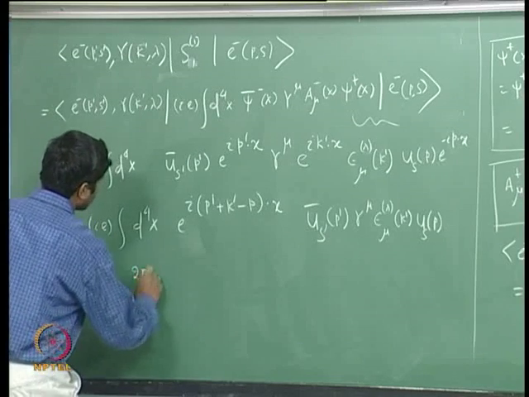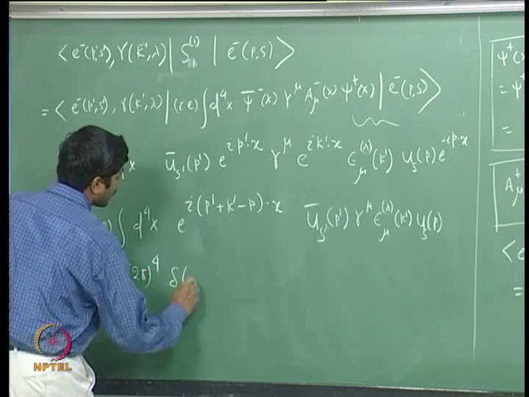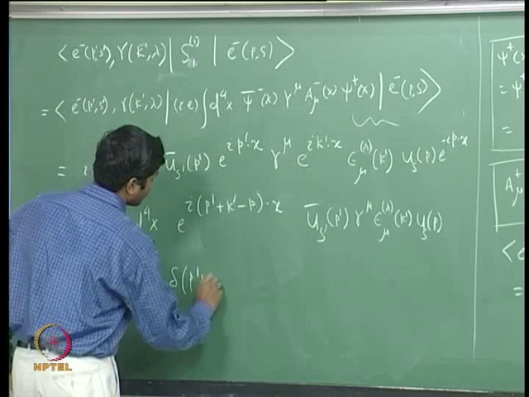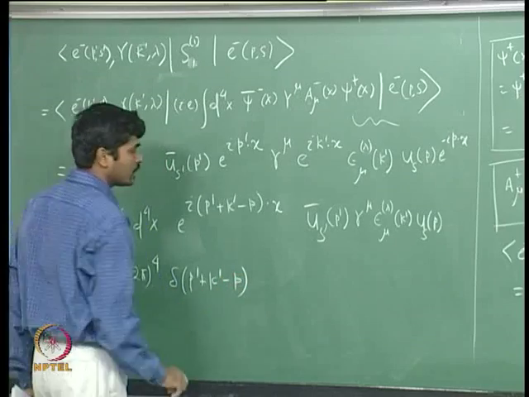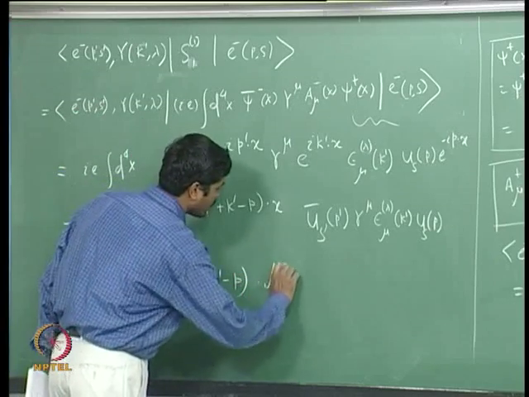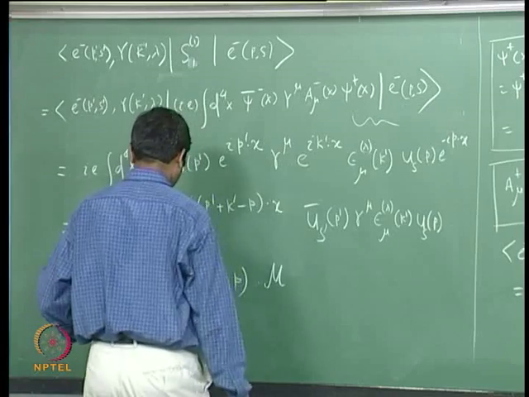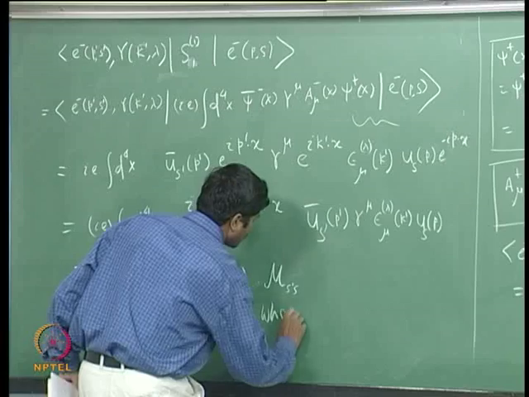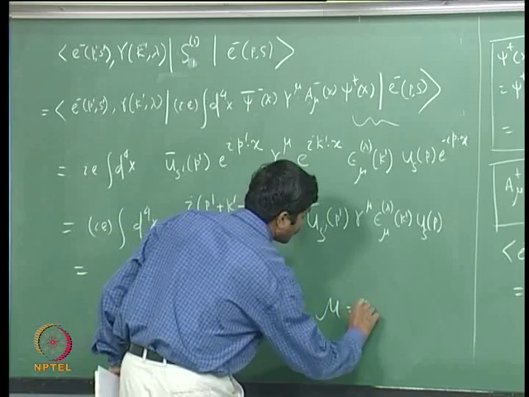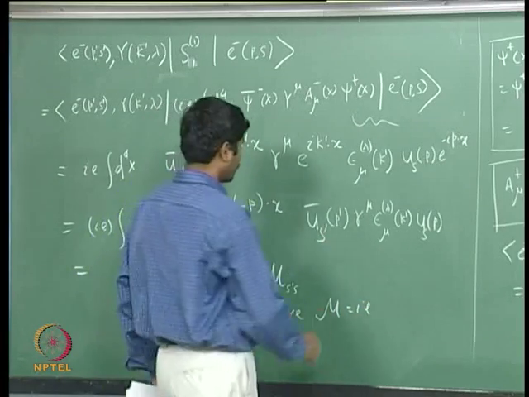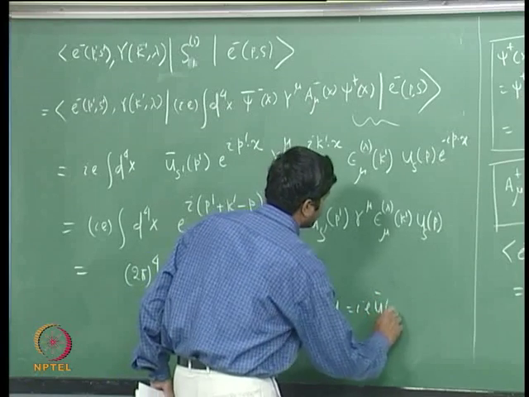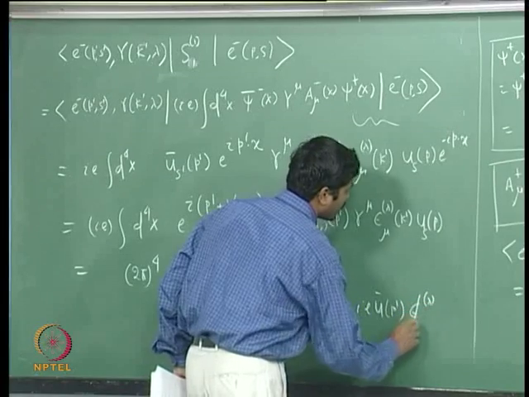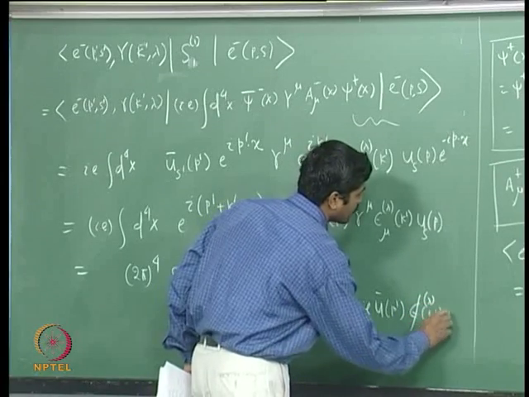So what I get is (2 pi)^4 delta, the 4-dimensional delta function, of p prime plus k prime minus p, times M s prime s, where M is i e times u bar p prime epsilon slash lambda of k prime u p.